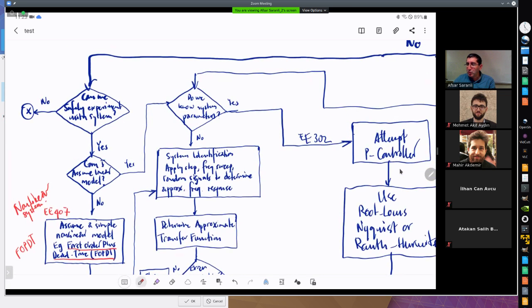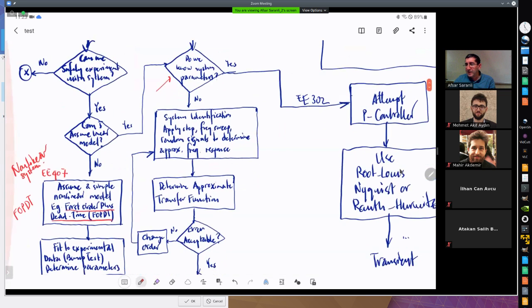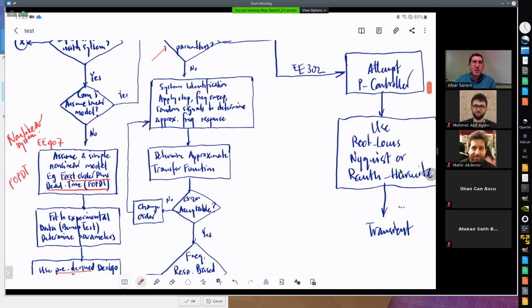Now let's come again to the branch where we can assume a linear model, but we don't know the parameters. So now what we need to do is to perform what is called a system identification. We partly discussed this. System identification is where you have a model, but some of the parameters are unknown.